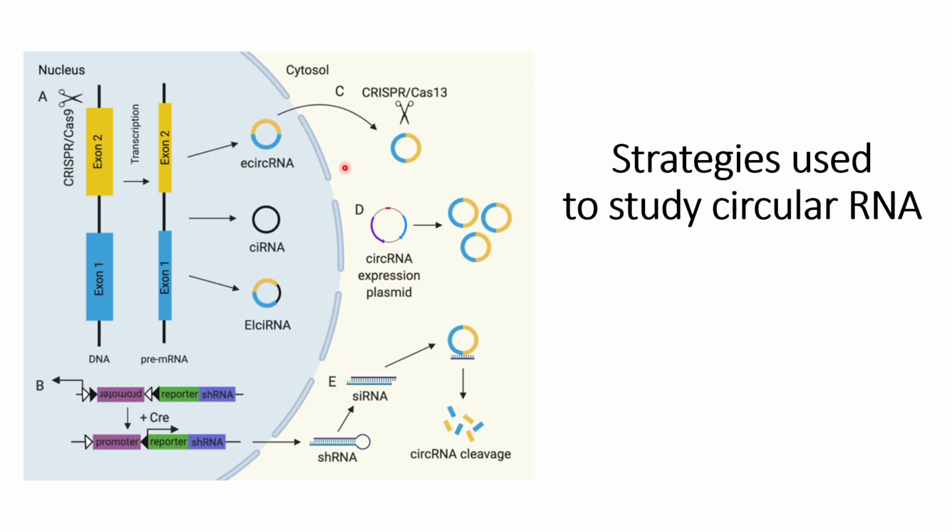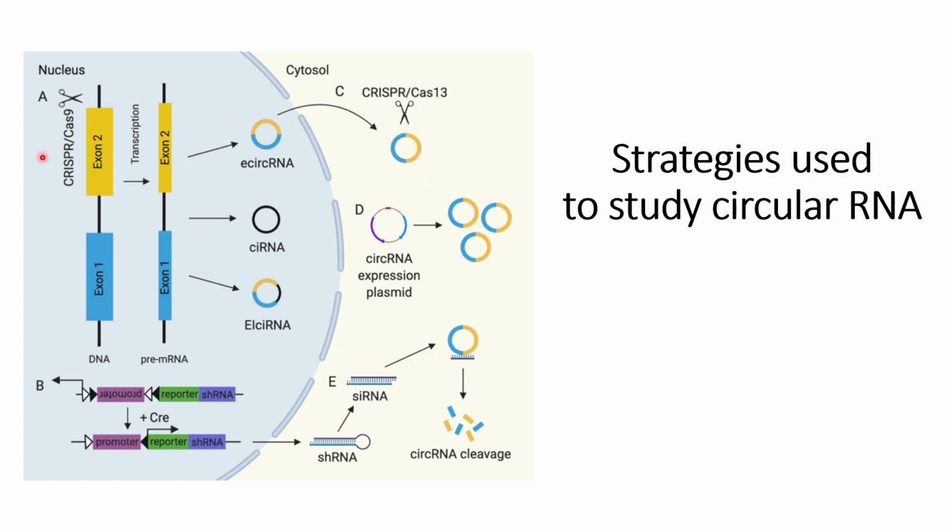The third system shown here is the CRISPR-Cas13 system. What it does is cleave off the circular RNA that is in the cytosol, and it can directly cleave the circular RNA after it is formed.